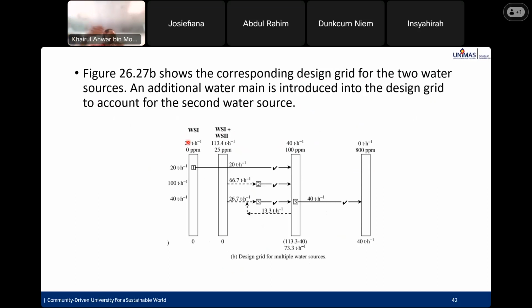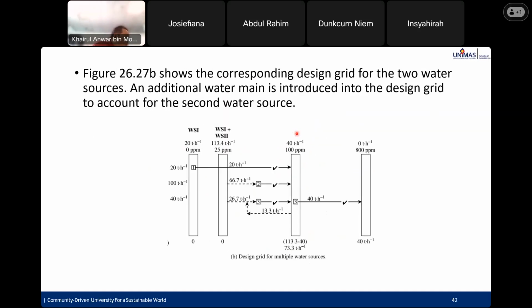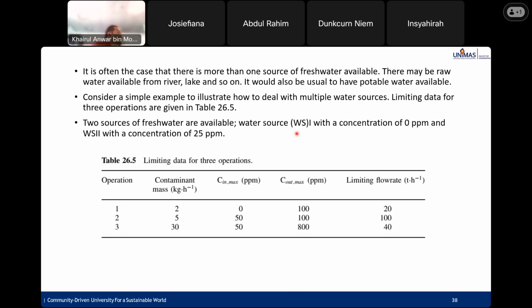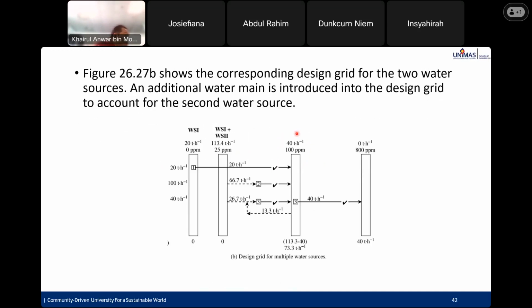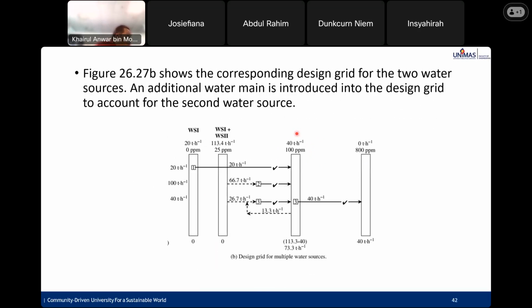The second water main. Okay. This is based on this operation and this table 26.5. So 40 ton per hour here.